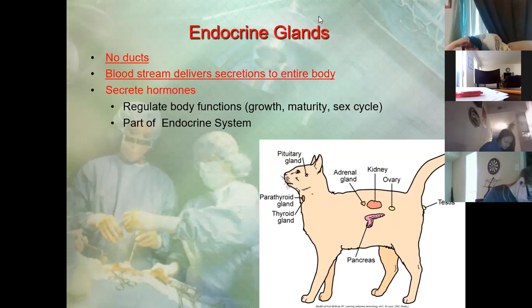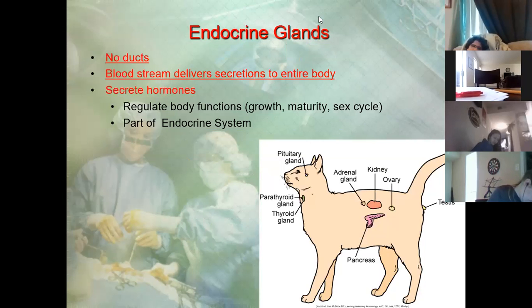All right, let's talk about glands. So we have these very specialized cells that make crap. They just make stuff. Some of the stuff goes into our blood, some of the stuff does not go into our blood. And this is how we classify these glands.